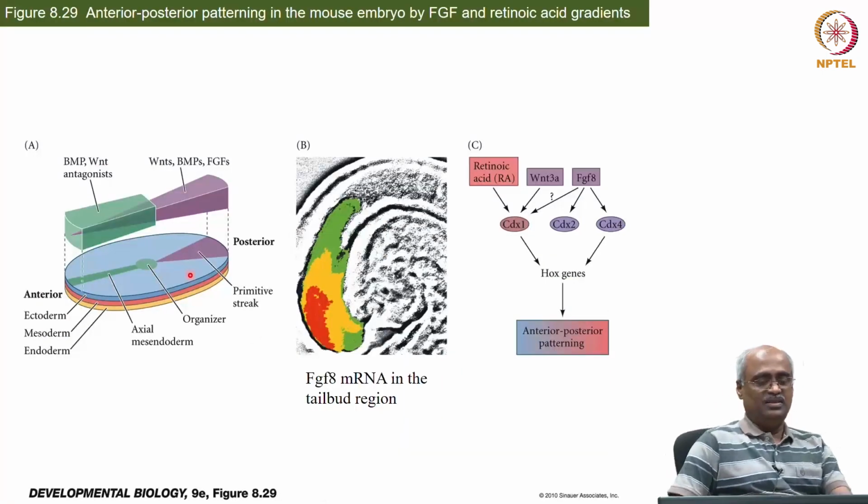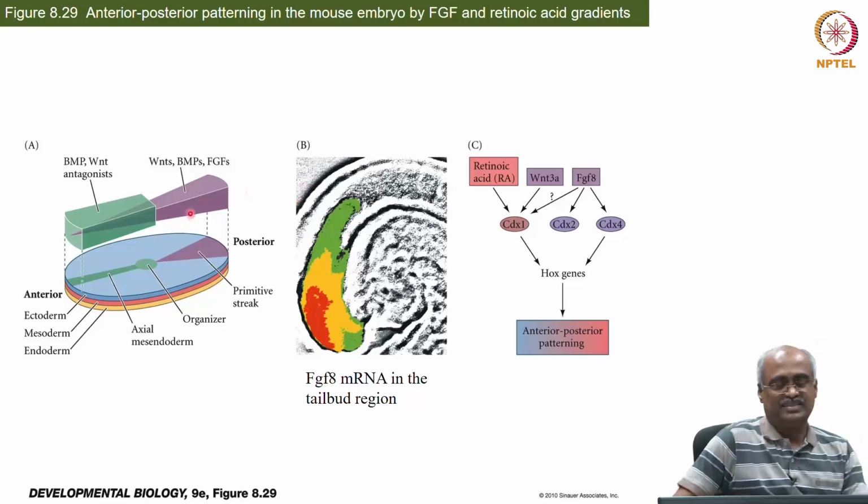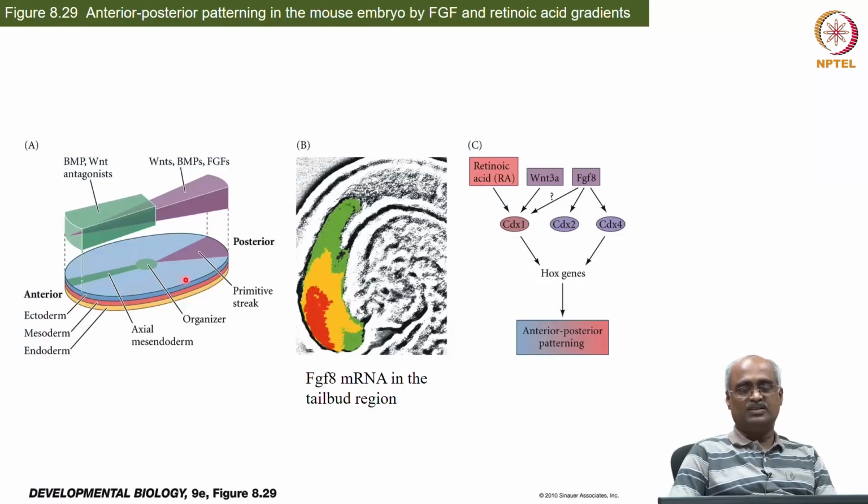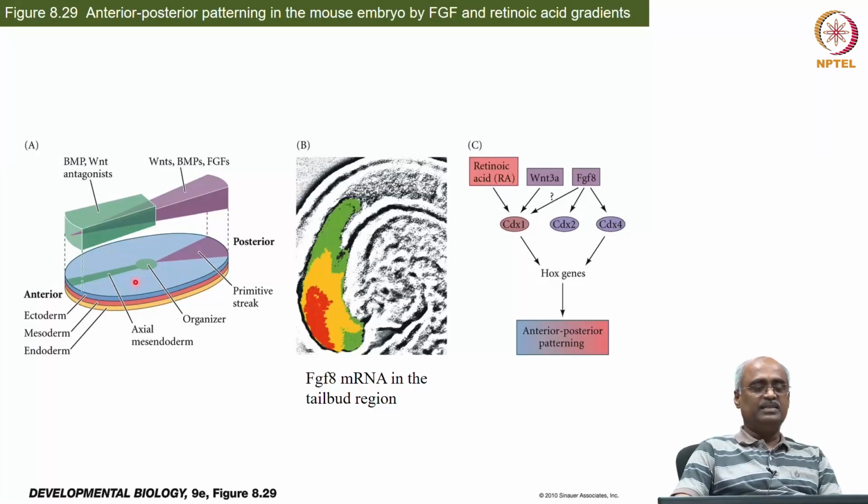Alright, so this sort of summarizes what we discussed as well as introduces some more details. So this is flattened disc of the embryo, this cartoon representation. This is the anterior and that is the posterior most at the end of gastrulation stage. And we didn't talk about organizers.